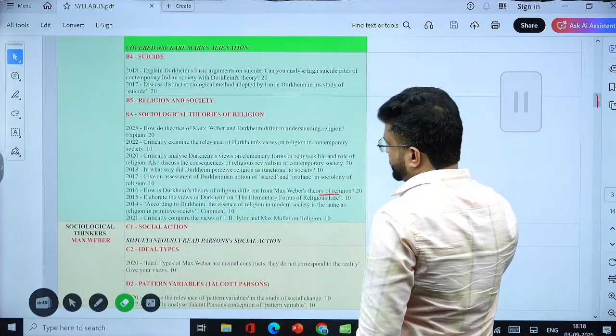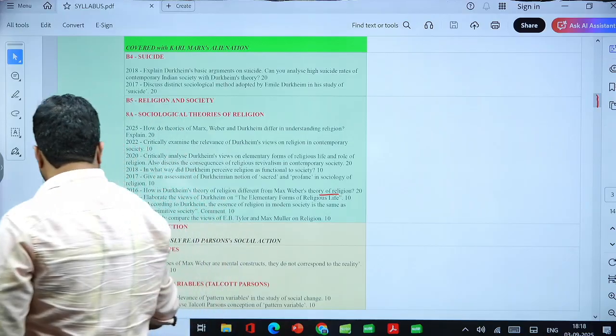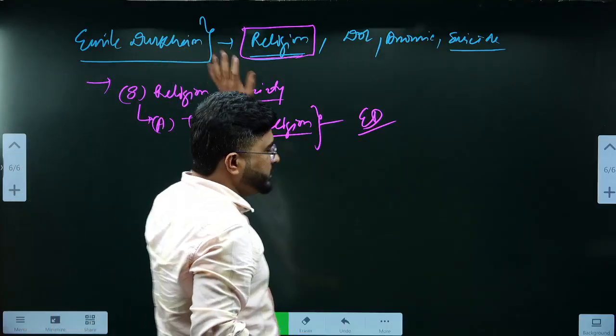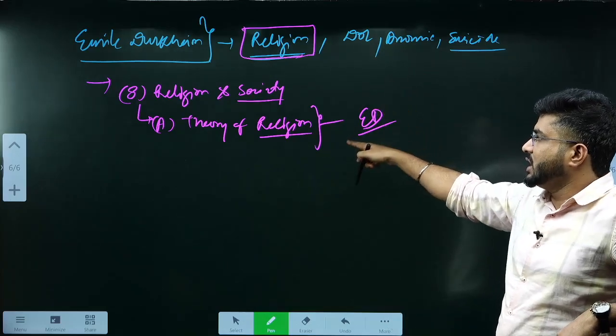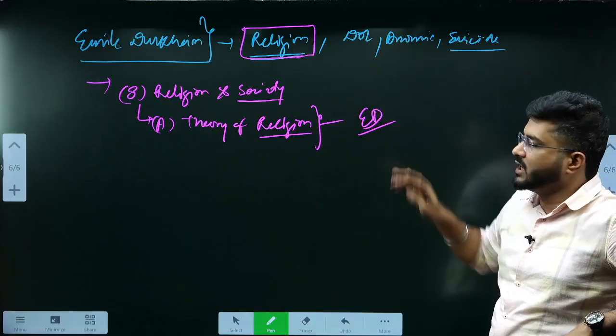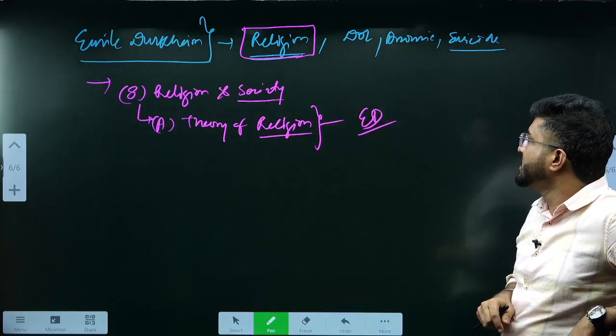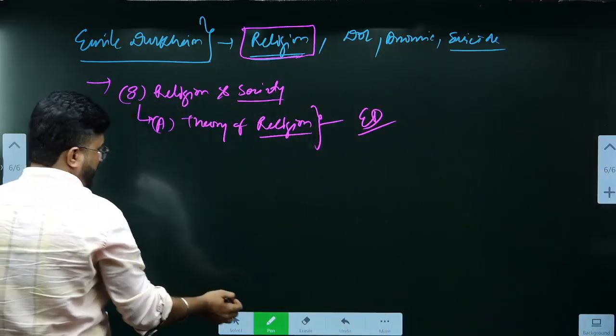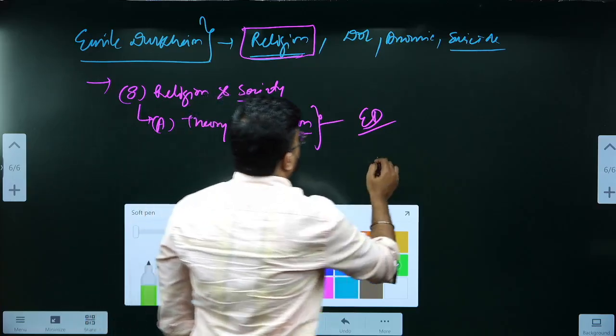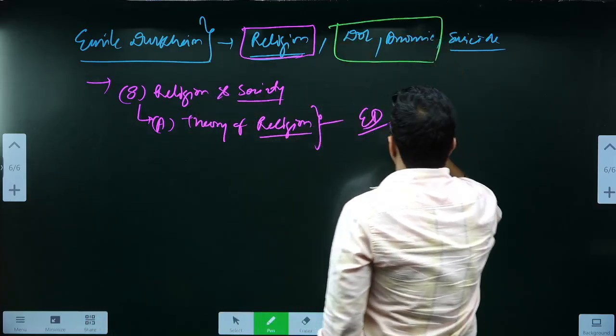Okay. So whenever you read about religion in chapter 4 related to Emil Durkheim, always try to cover the section A theory of religion part with Emil Durkheim's religion here itself. Done. Now here comes a connection between Karl Marx and Emil Durkheim when we talk about division of labor and anomie.